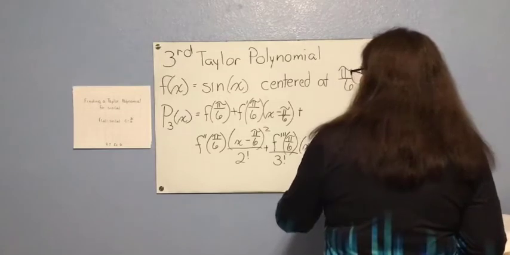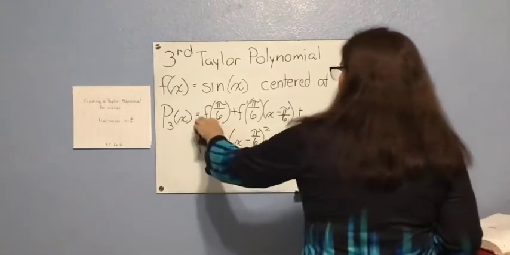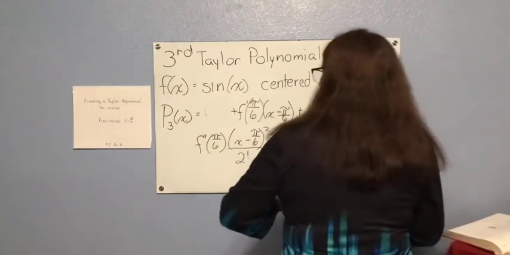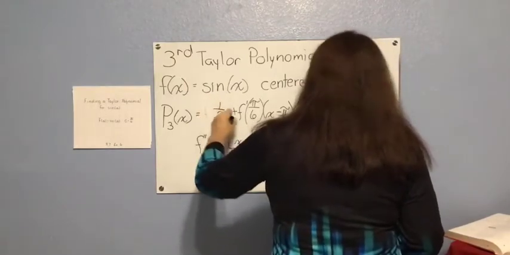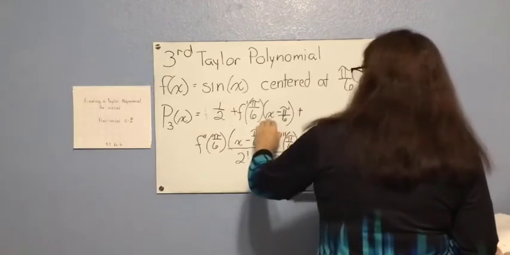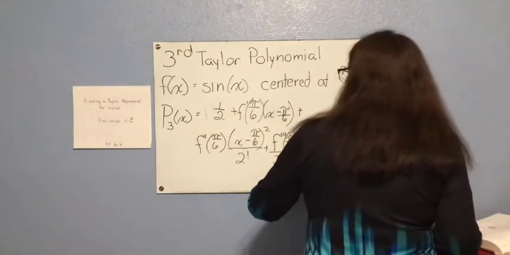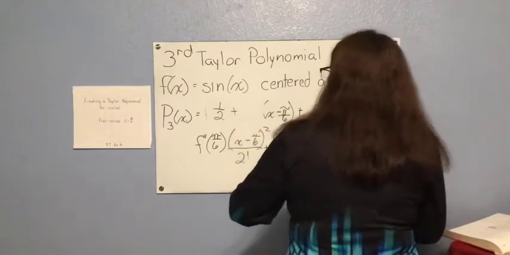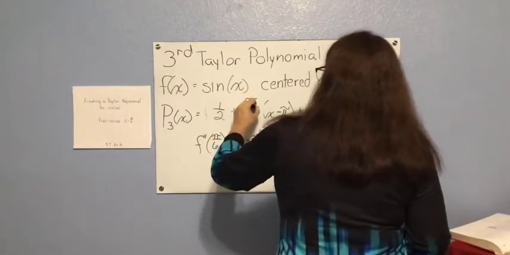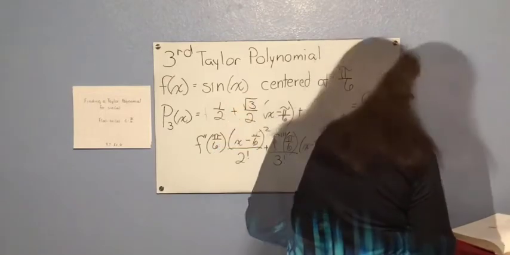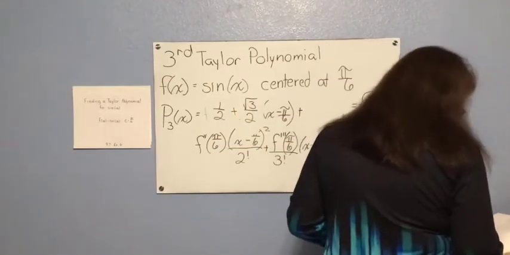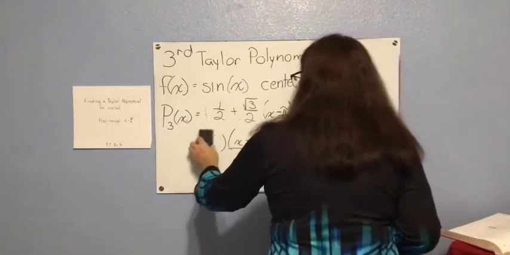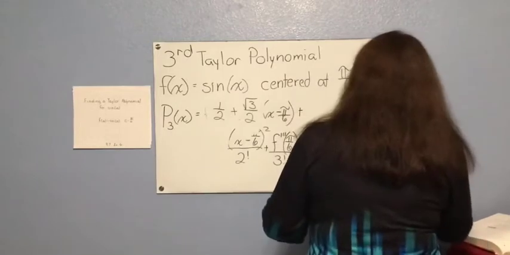Okay, now we can simplify these with what we know. F at pi over 6 is 1/2. This term, first derivative is square root of 3 over 2. And we'll just leave that for now. Second derivative is negative 1/2.